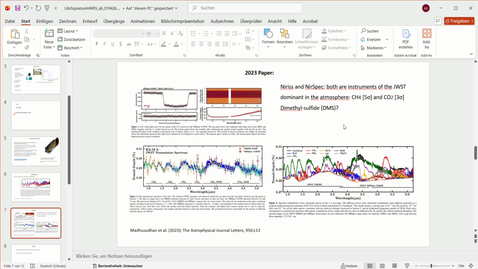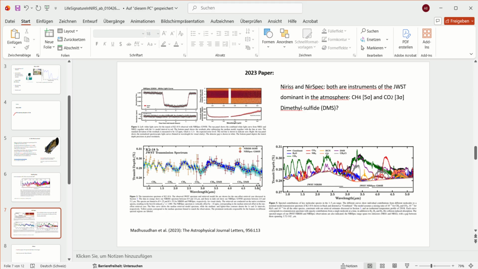And that is exactly the point, because CH4 and CO2 you will find in lots of atmospheres, and it doesn't mean anything interesting happens there. Although, I mean, 20 years ago it was science fiction to measure atmospheres of exoplanets. That shows already the progress we have made in the recent years.